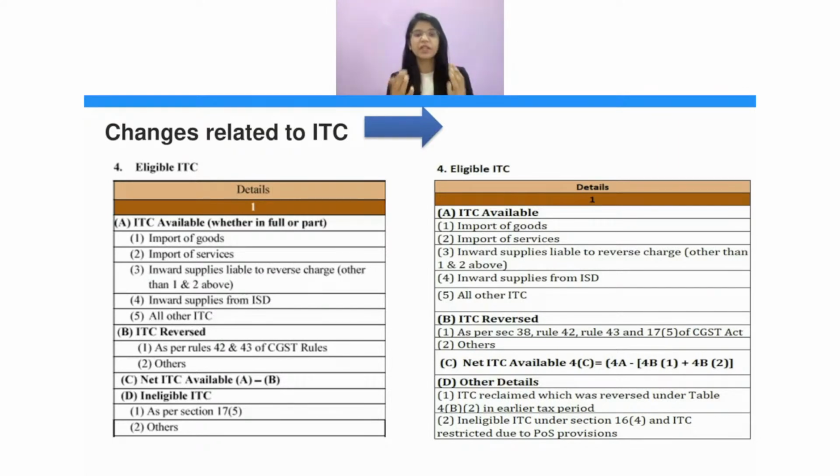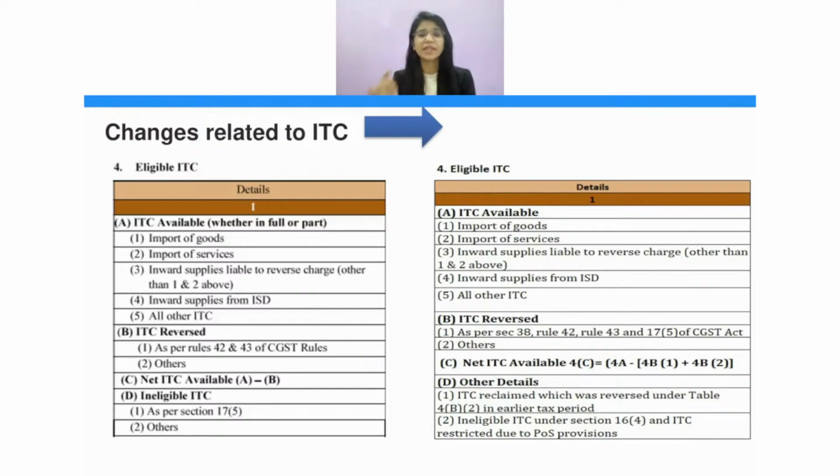For this transaction, they are trying to match the ITC as per your 2B and the ITC you are claiming in your GSTR-3B. They clearly say first show under 4A5 and do the reversal under 4B1, so that the net impact under 4C will always be zero.